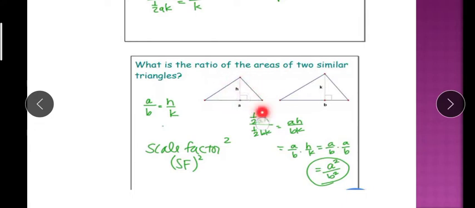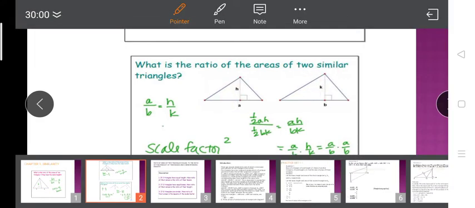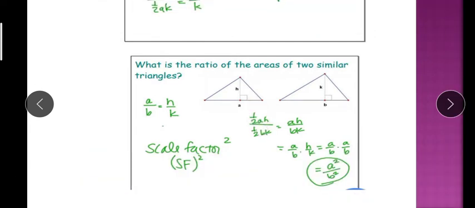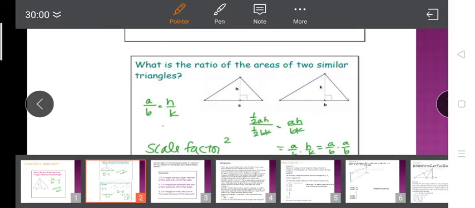This is regarding this triangle, and the other is this triangle. Now all of you know that if two triangles are similar, their sides are in equal proportion. Therefore A upon B is equal to H upon K. A is the side of one triangle, B is the side of another triangle, H is the height of the first triangle, and K is the height of the second triangle.